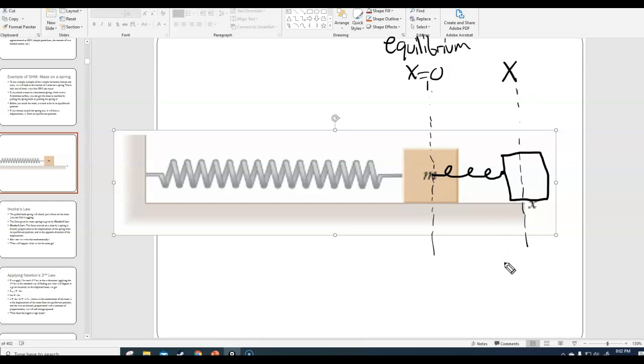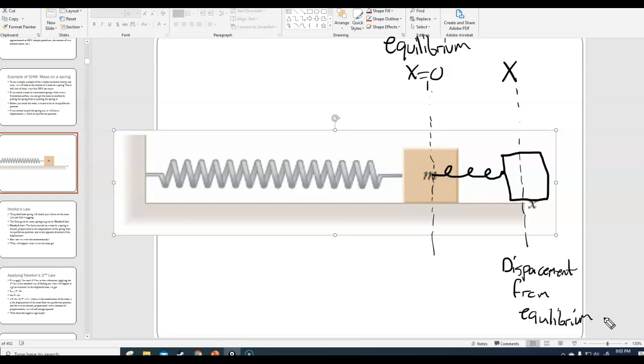And x is what's called the displacement from equilibrium. It's literally how far the object is from its equilibrium position.